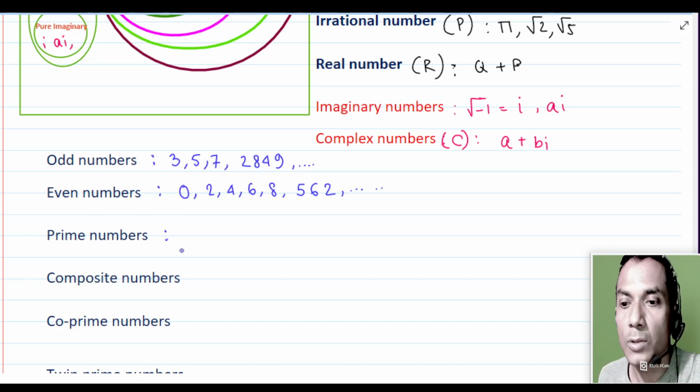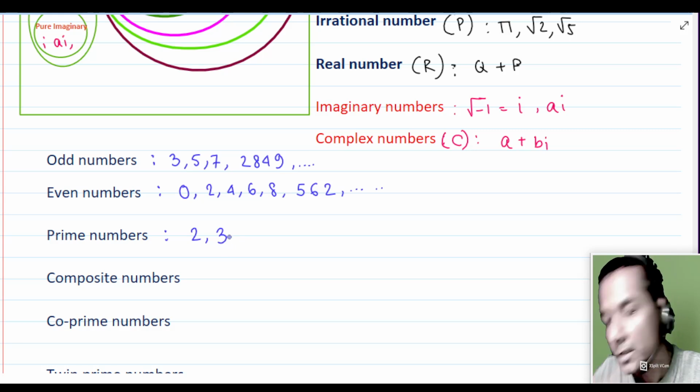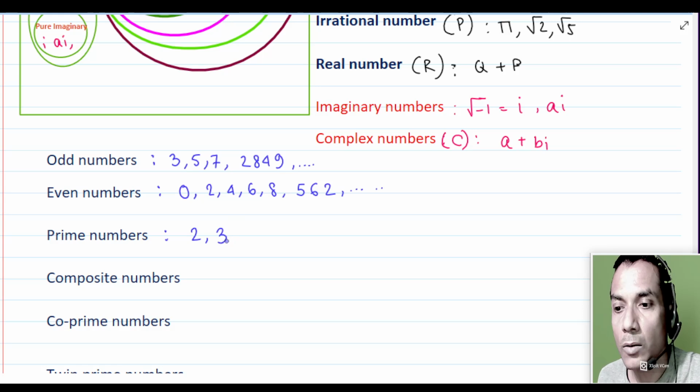What are prime numbers? Prime numbers are those numbers that are not divisible by any other number except 1 and the number itself. What does that mean? Consider the number 2. 2 is not divisible by any other number other than 1 and 2. If I consider 3, it is also not divisible by any other number other than 1 and 3.